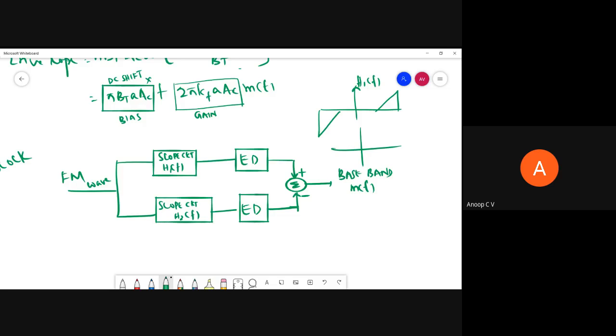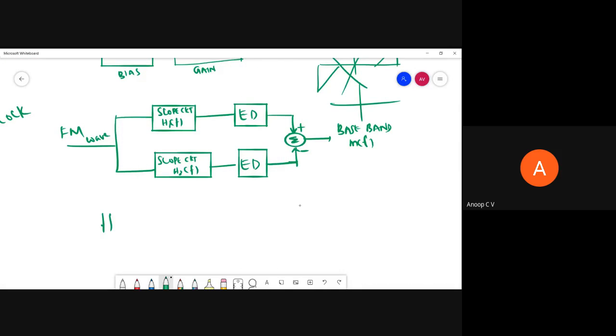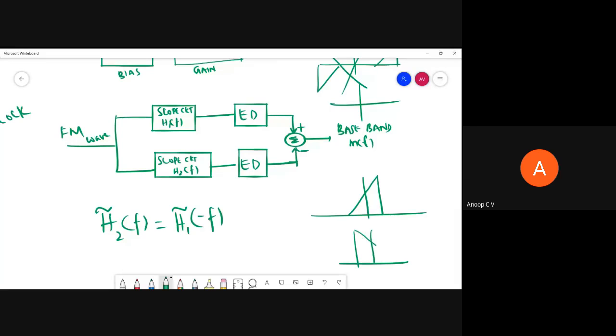H1 tilde of f and H2 tilde of f are related as H2 tilde of f should be equal to H1 tilde of minus f, which means H1 tilde of minus f will be its mirror image, a filter like this.